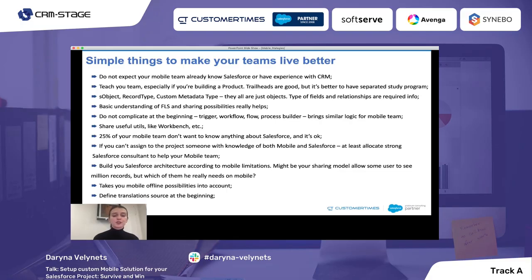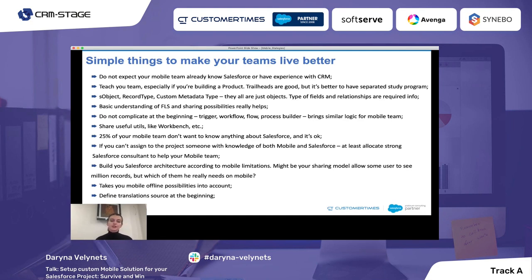Take your offline possibilities into account. For example, if you have some logic that creates records when some record changes, and it is supported offline, take that into account and do not duplicate it on Salesforce. And define the translation source at the beginning.